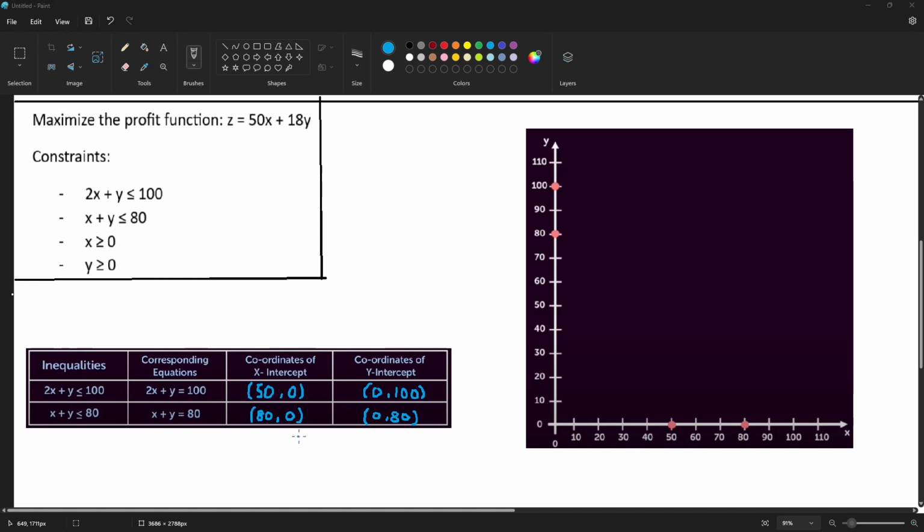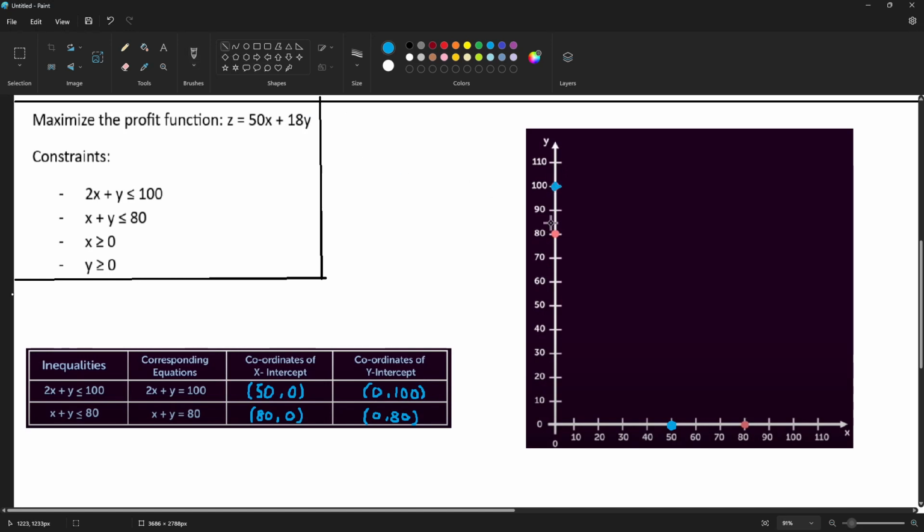Now, after determining the x and y-intercepts of these corresponding equations, we are ready to graph these equations. So, for 2x plus y equals 100, the x-intercept is 50, and the y-intercept is 100.